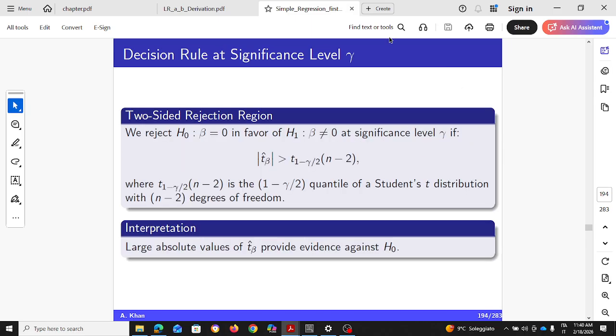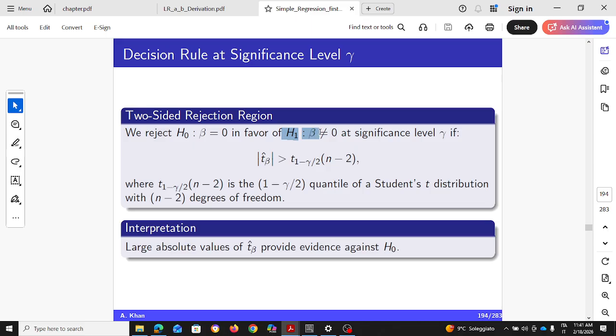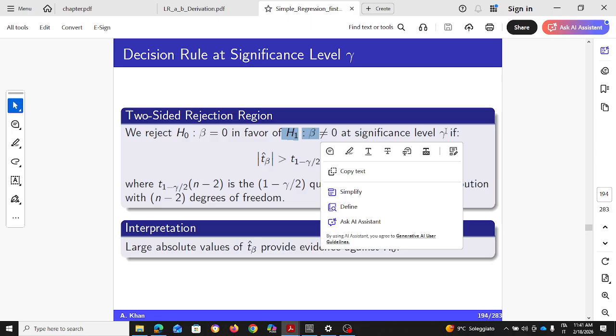Now, the rules for rejection and acceptance in this case. If we reject the null hypothesis, which means beta is equal to 0, in favor of the alternative, we say the alternative is true at a significance level gamma.